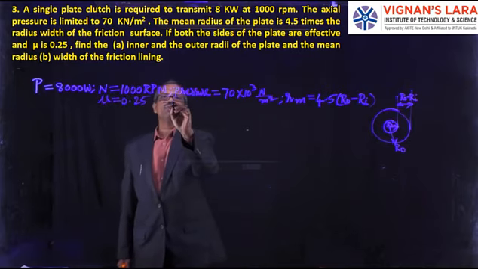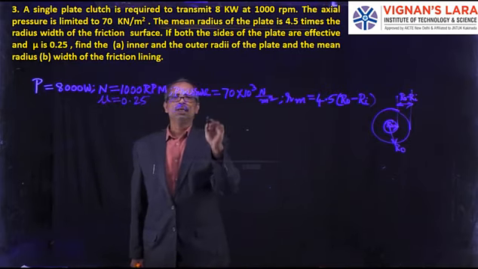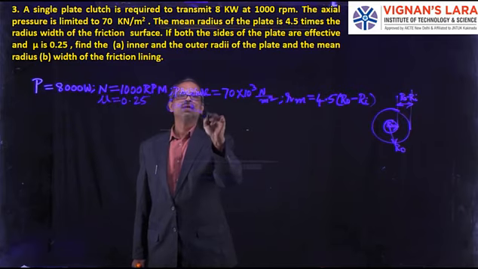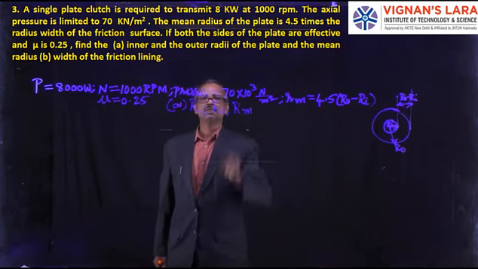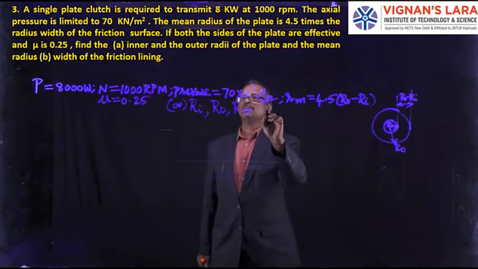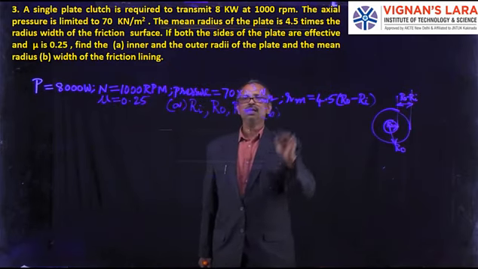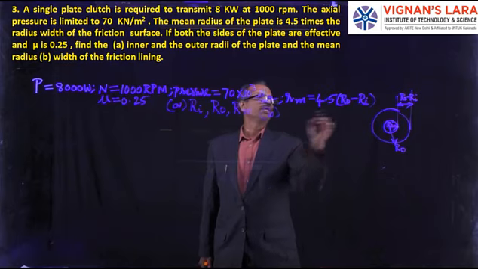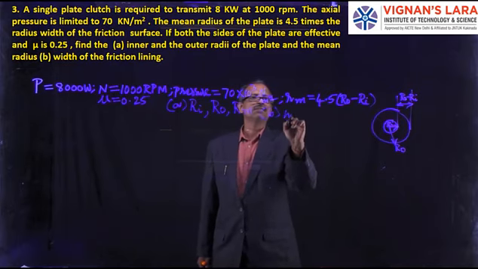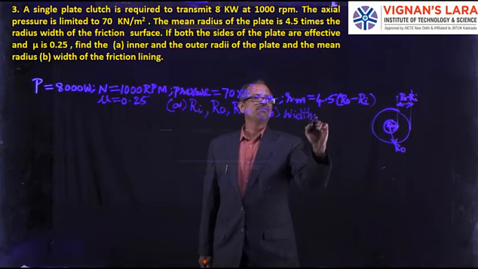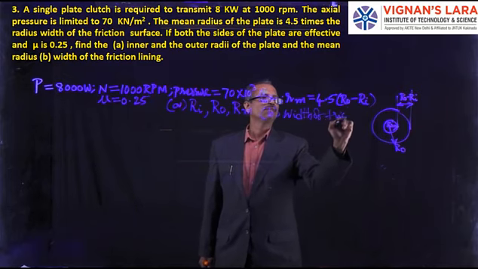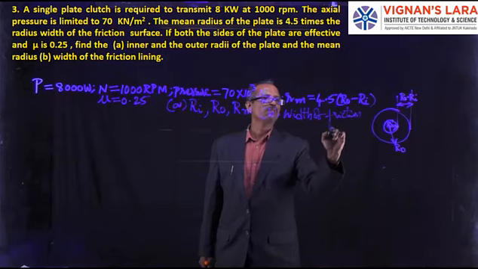You are supposed to find the inner radius, outer radius, mean radius, and also the width of friction lining. How we proceed with this problem, let us see.